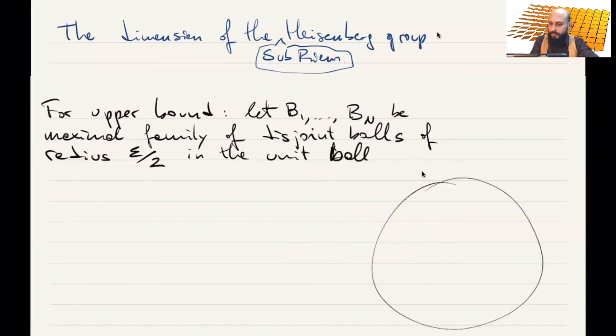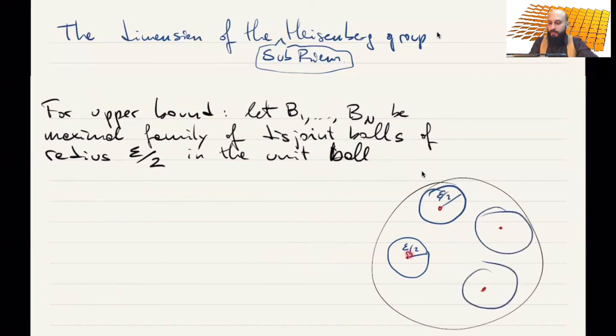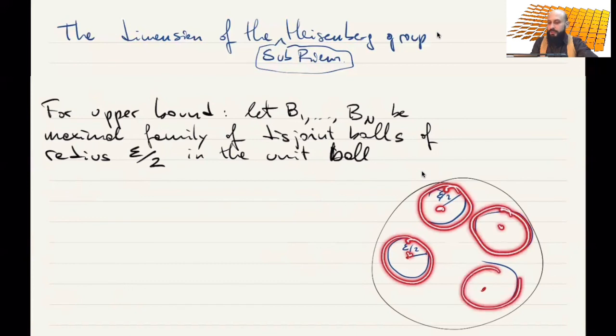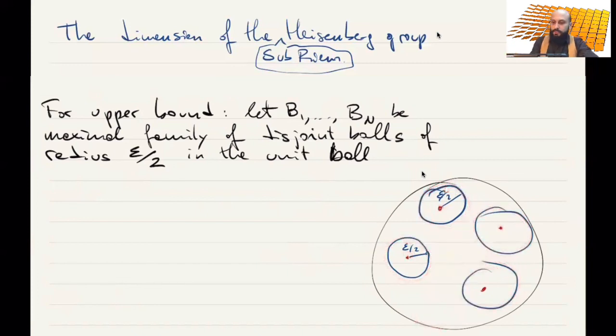Now I take points, and I take them in such a way that whenever I look at the ball of radius epsilon over 2, it does not intersect the other balls. So I take a point and a ball. If it does not cover, I take another point and another ball. If there is room for another ball, I take it until I can stop. By Zorn's lemma, one such n exists. Now all these balls are disjoint.